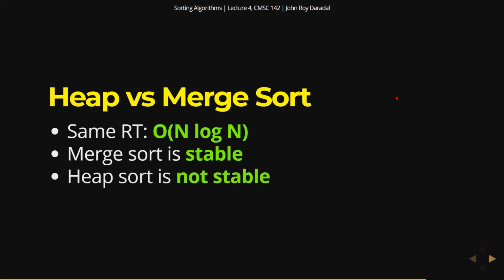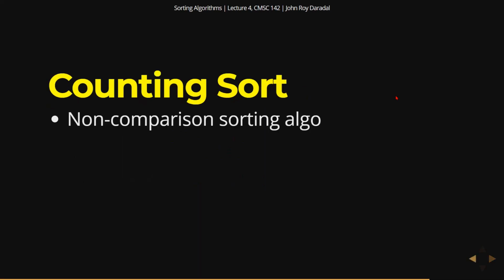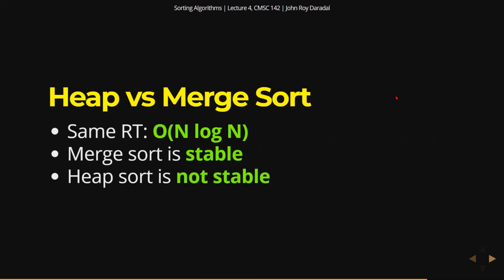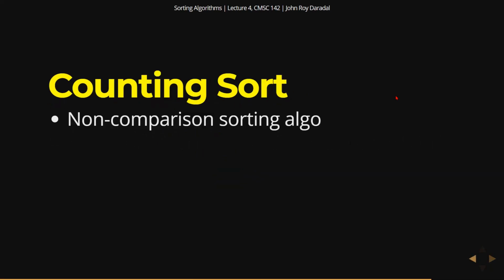But heap sort is not stable because of the heapify property. You cannot assume that the input order is the same as the output order if they are tied. Okay, so that is heap sort. We are now down to our last, I think, 3 sorting algorithms.